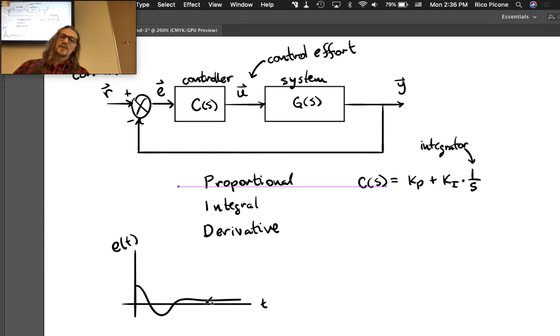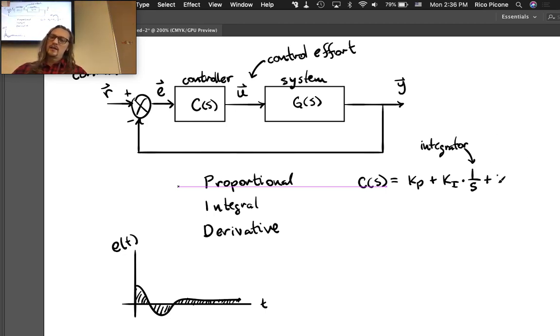What the integrator does is it integrates all of this, and what that allows it to do is build up. If it has a little bit of an offset in steady state, just stuck a little bit off, it'll grow over time until it brings it back to equilibrium. Okay, so we'll talk a lot about that. That'll be a whole discussion about how the integrator does that.